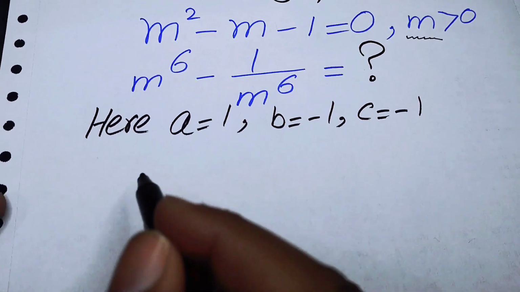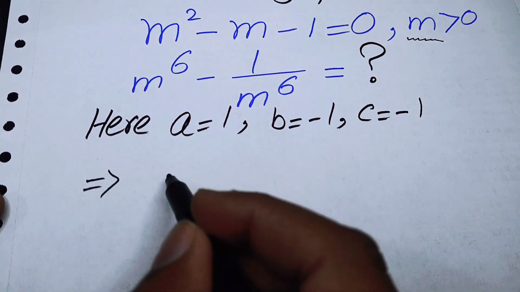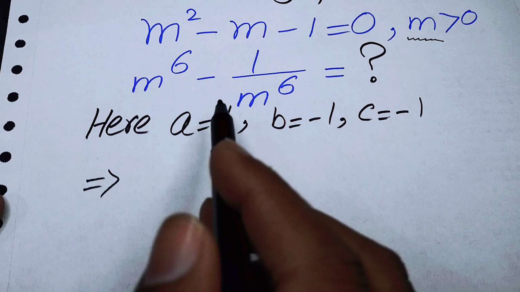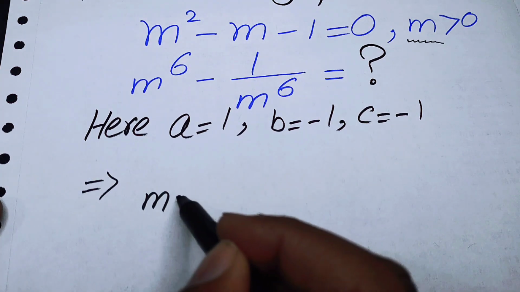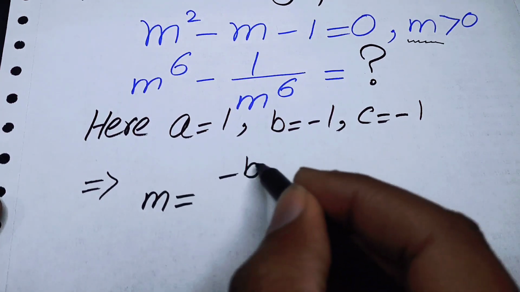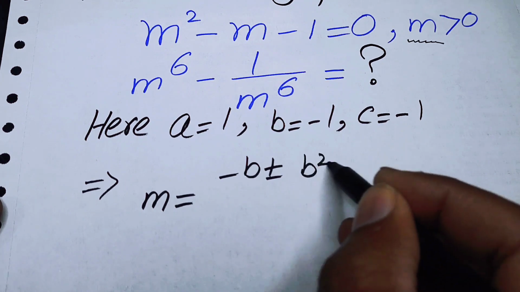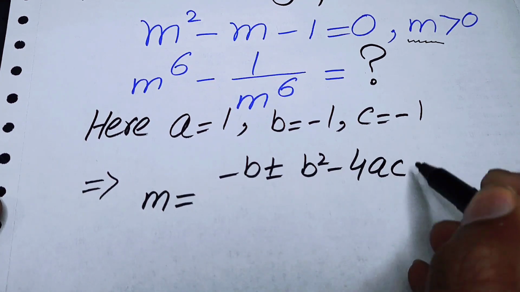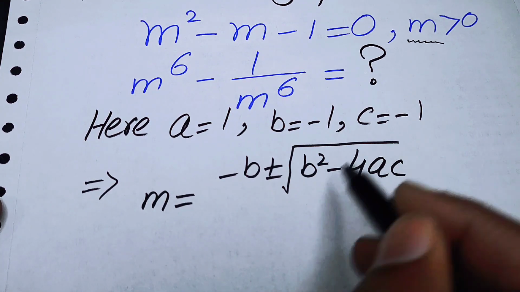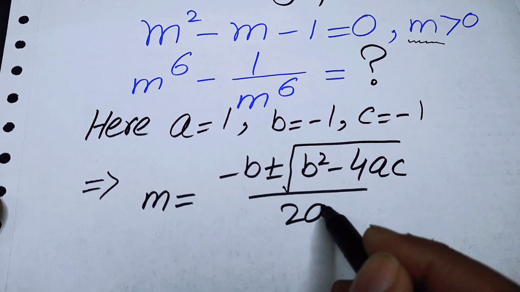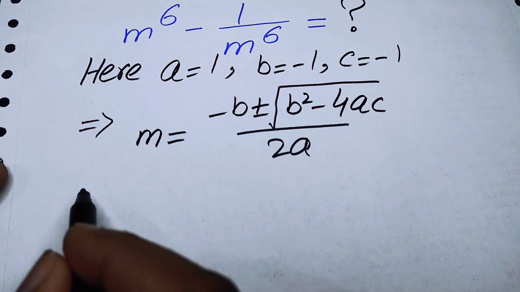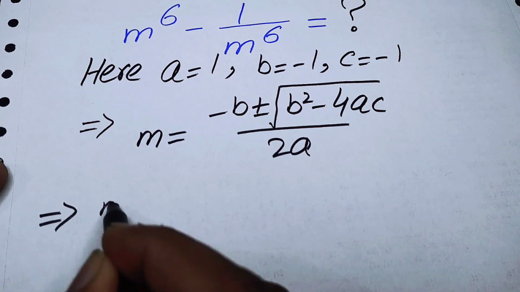Now we apply the quadratic formula, and you know that the quadratic formula in terms of m is equal to minus b plus minus square root of b square minus 4ac, over 2a. Now we substitute all the values of a, b and c.